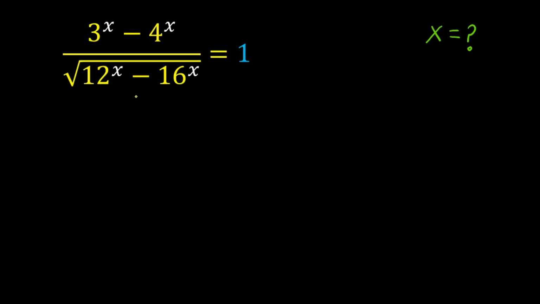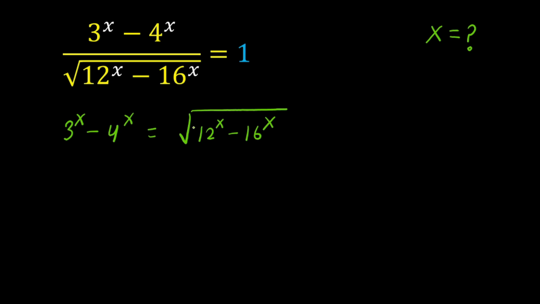Now we will cross multiply, then 3^x − 4^x equals the square root of (12^x − 16^x). Now on the right-hand side we have a square root.